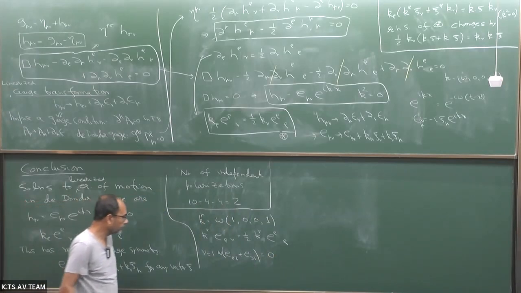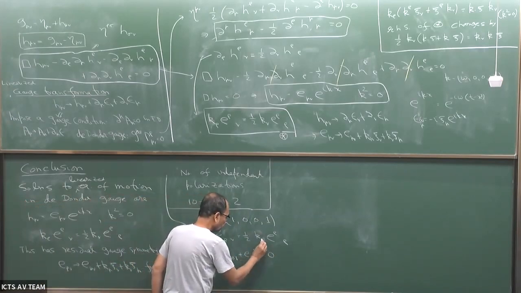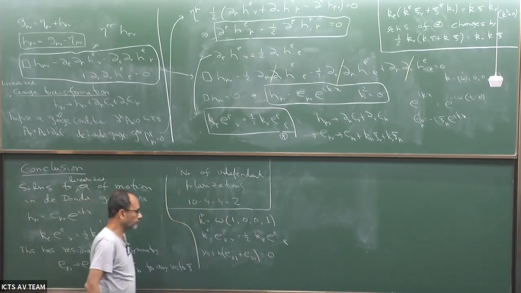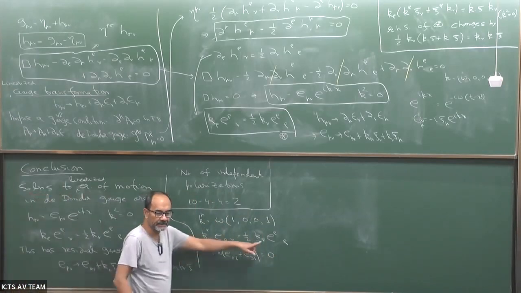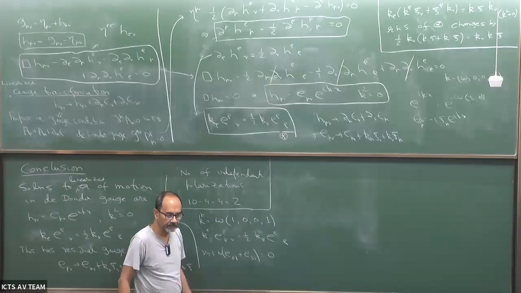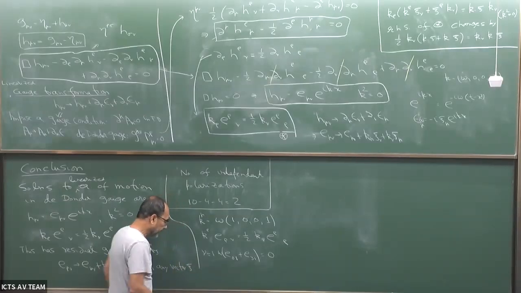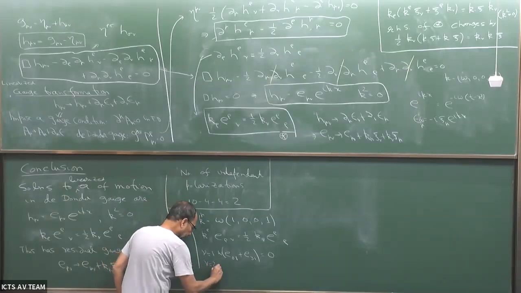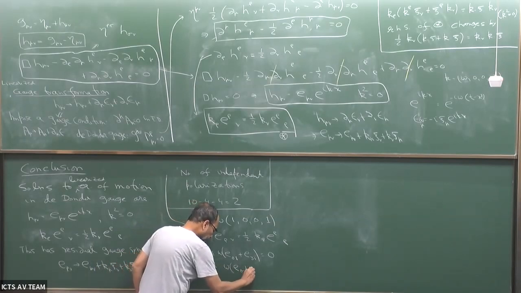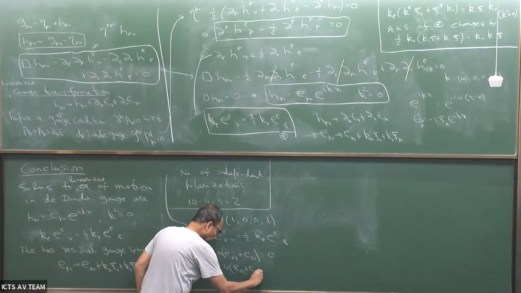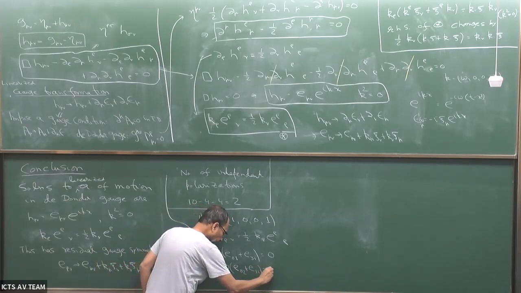Yes, thank you. For nu equal to 1 the right hand side doesn't matter because it is 0. Nu equal to 2 gives a similar equation: omega E02 plus E32 equal to 0.